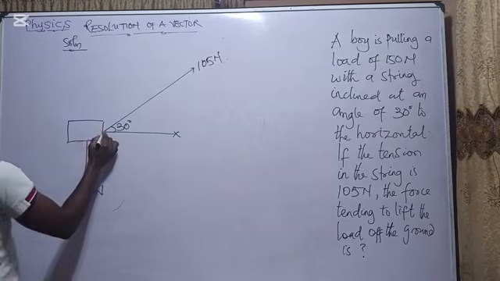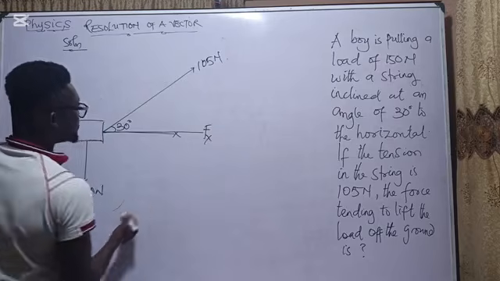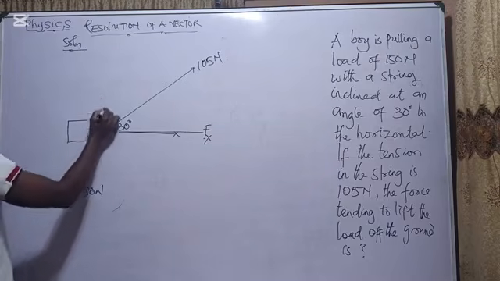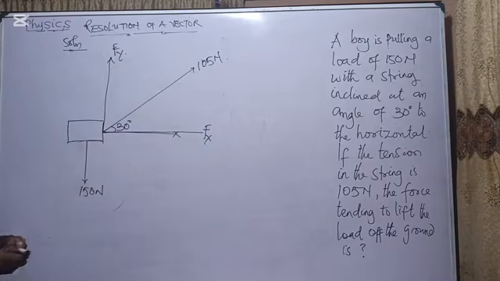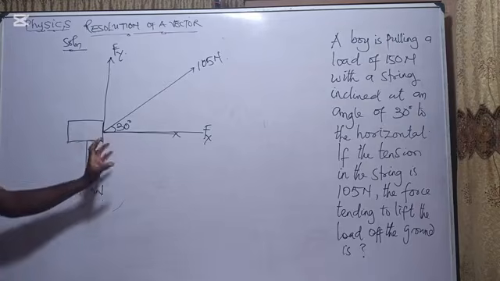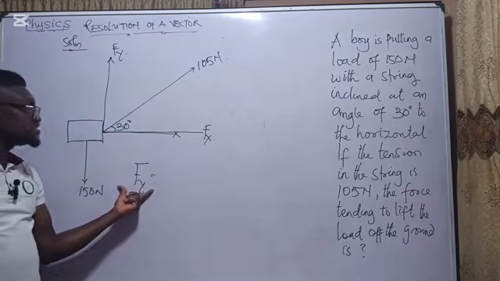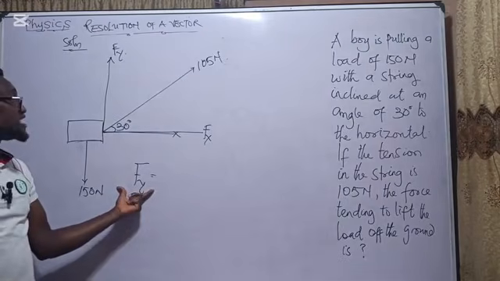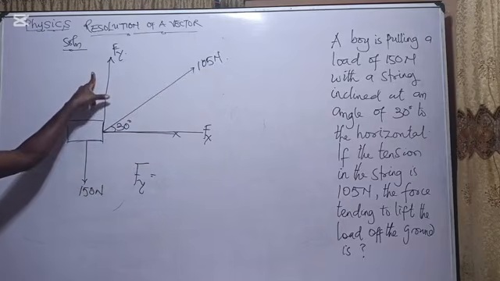Now there is a force acting on the horizontal, which is the horizontal component of the force. There is also a force acting vertically, which is the vertical component of the force. The one that tends to lift it upward is this vertical component. Resolve this vector to the vertical. You see 105 Newton, you are resolving it to the vertical.